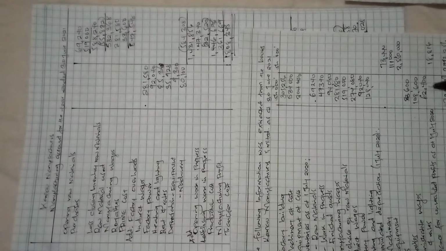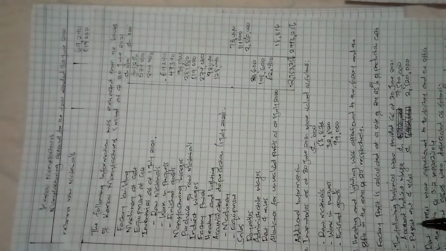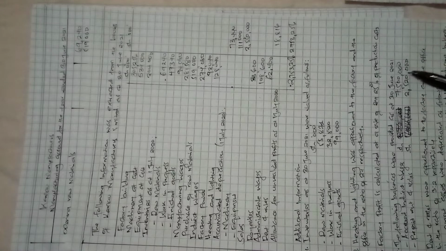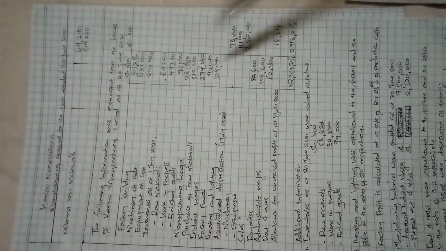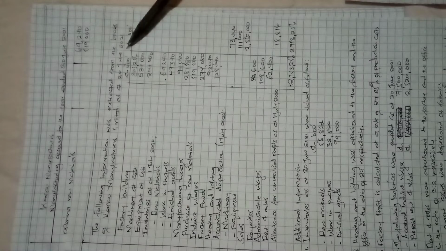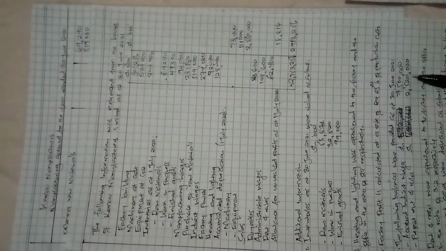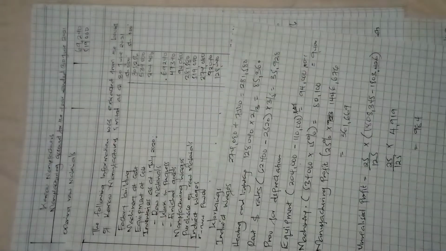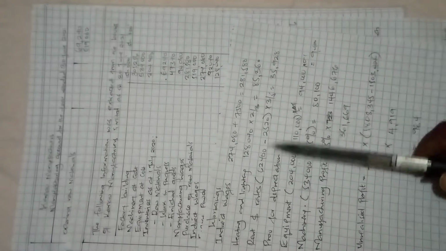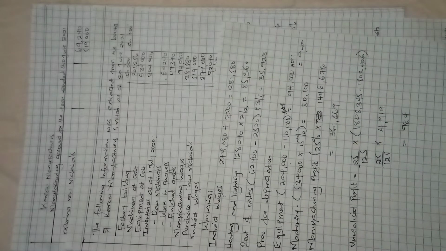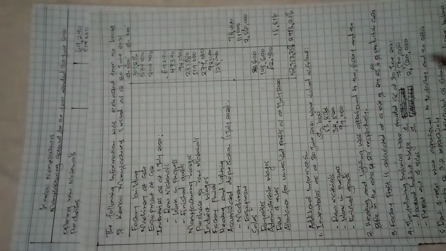62,400, which is this. You minus under additional information the prepaid rent and rates 2,520,000. But don't add this one, it is already truncated. If you look here, you have your 3 zeros, so you only take the first 4 digits, 2,520. So this minus the prepaid times 3/5. And the 3/5, we are getting it from additional information 5.